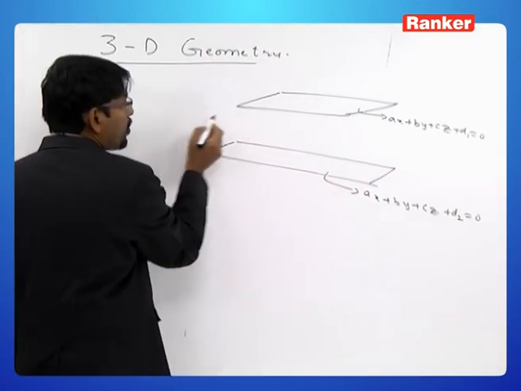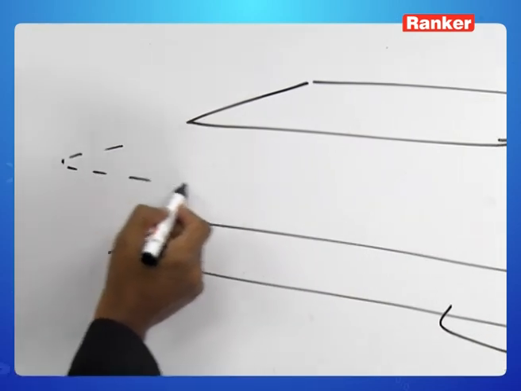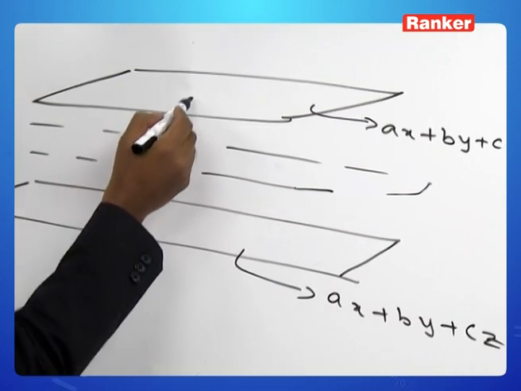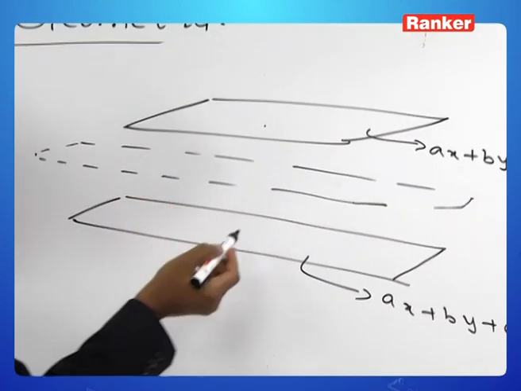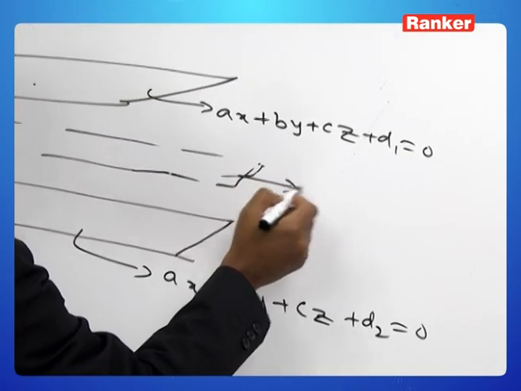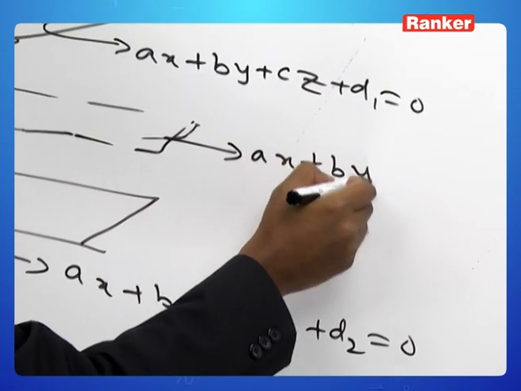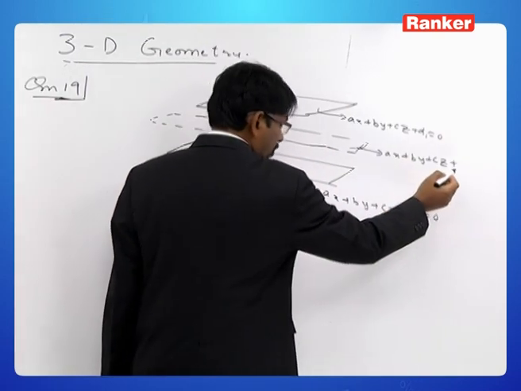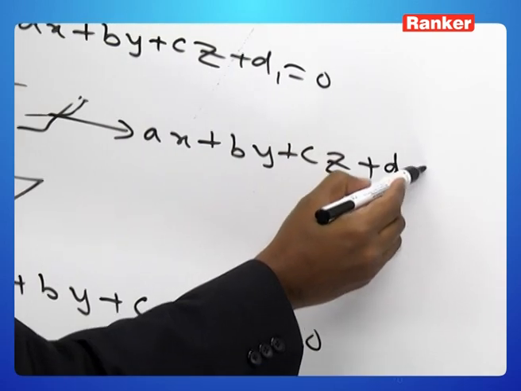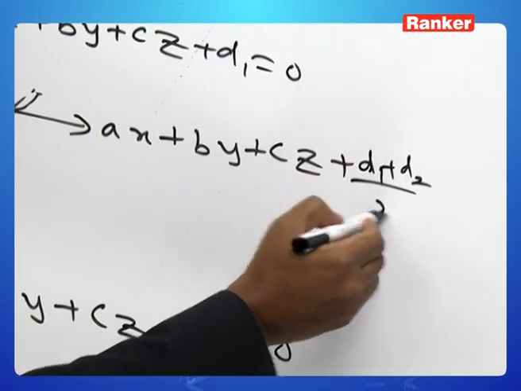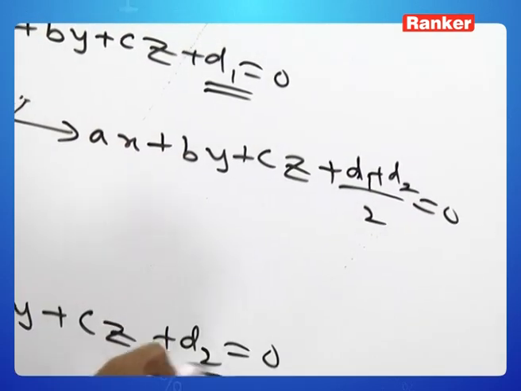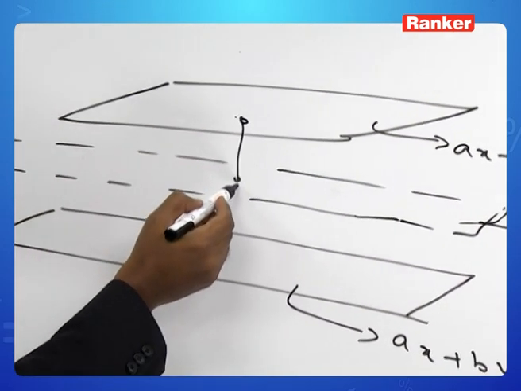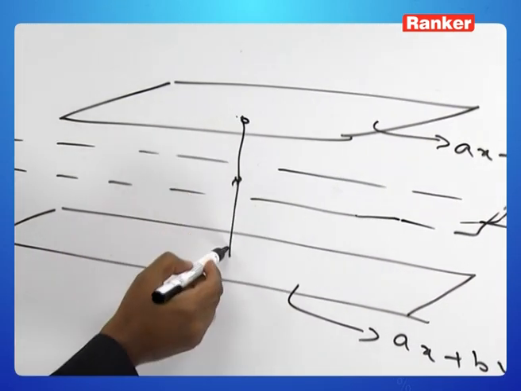Now a plane midway between them, that is exactly in the middle, parallel to both, we can give it in the form of ax plus by plus cz plus, no, they differ only by a constant. That constant is given by d1 plus d2 by 2, that is average of d1 and d2. It's clear that the distance between this and the distance between these two planes will be the same.